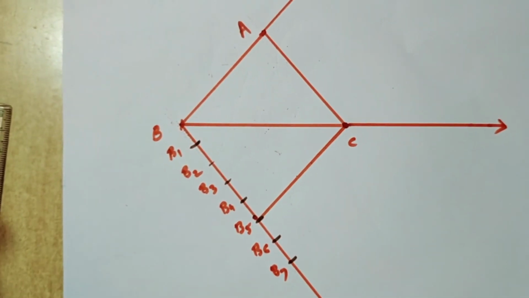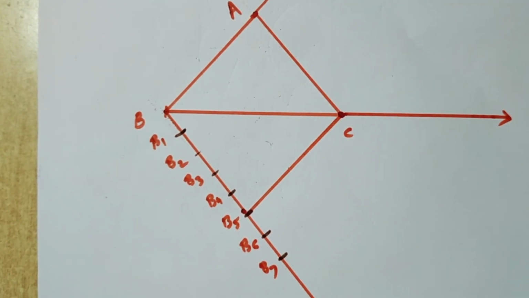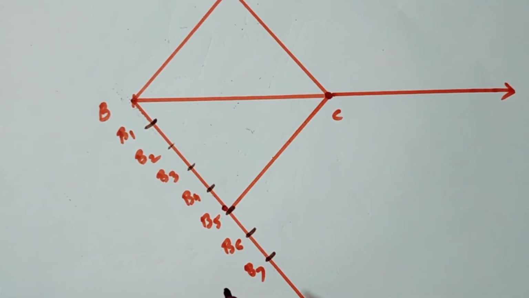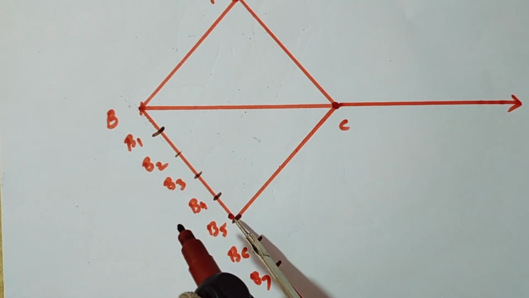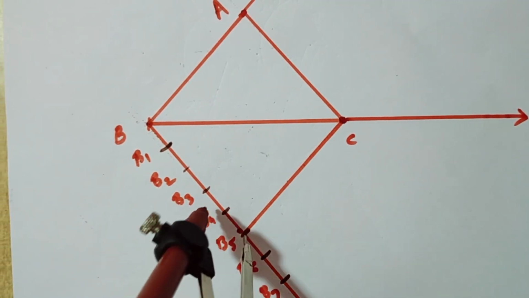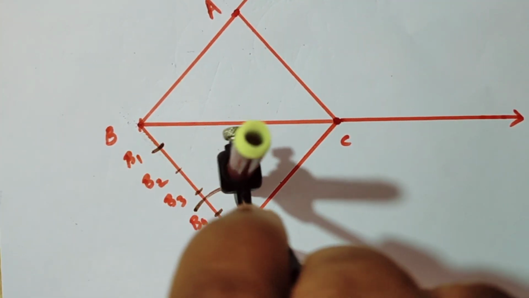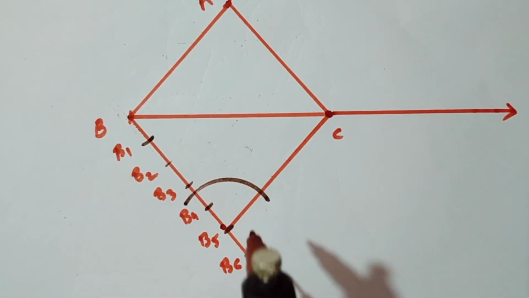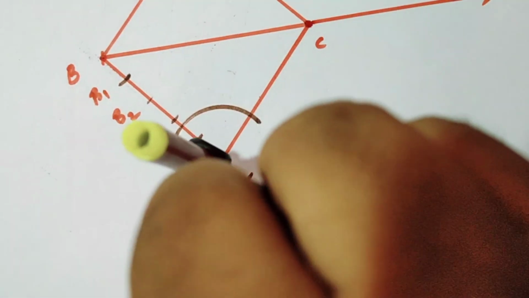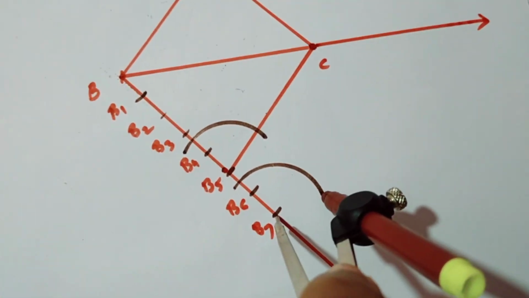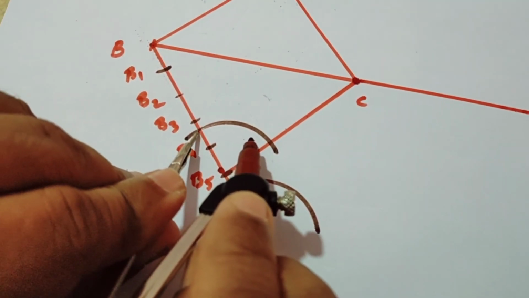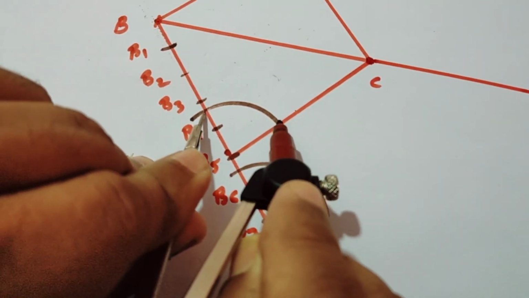Now we have to use the corresponding angles test. If corresponding angles are congruent, then the lines are parallel. By using that, we have to draw first one parallel segment to B5C. Put your rounder on point B5. Using any radius, draw one arc like this. Then you keep it on point B7 and draw an arc with the same radius. Then take the distance between these two arms of the angle at B5.